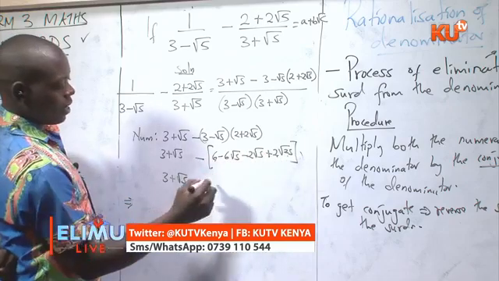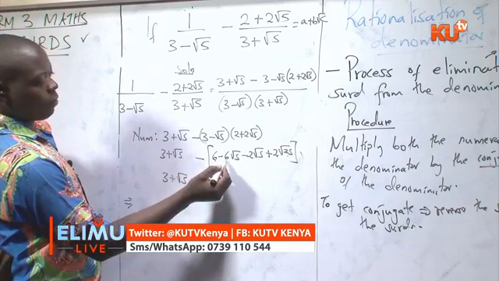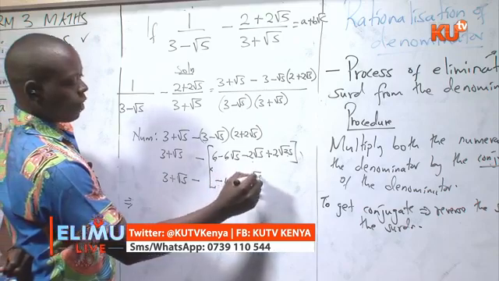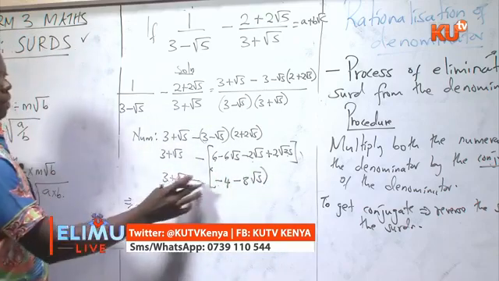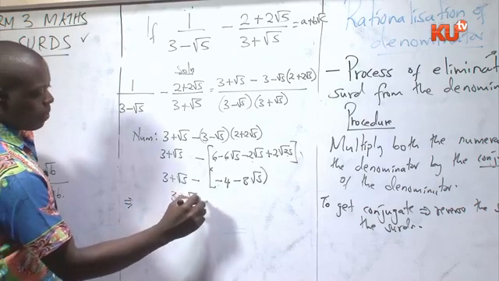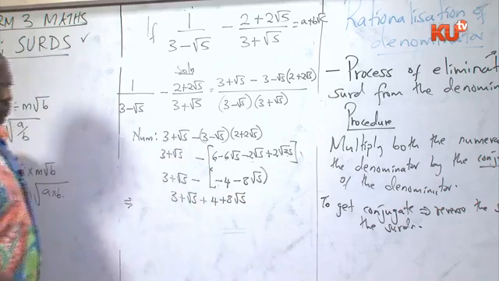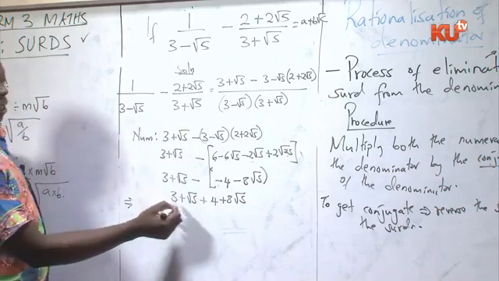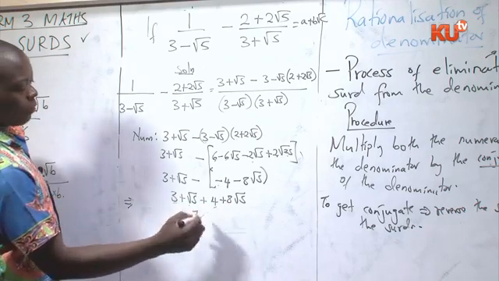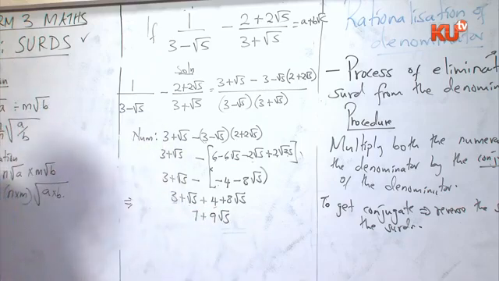So 6 minus 10 gives us minus 4. Then we have minus 6 root 5 minus 2 root 5. That should be negative 8 root 5. If you spread this negative into the brackets, you'll have 3 plus root 5, then plus 4 plus 8 root 5. Collect like terms. 3 plus 4 is 7. Root 5 plus 8 root 5 is 9 root 5. That is our numerator.